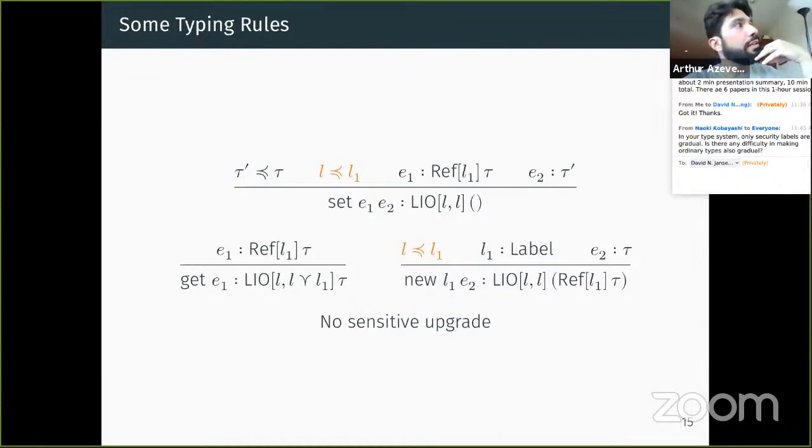Now, it would be possible to go further, make the language more dynamic, by allowing you to say not only that the secrecy level of a value is unknown statically, but also its type. So you would take something of type dynamic, or question mark, that could be maybe a reference or a function, etc.